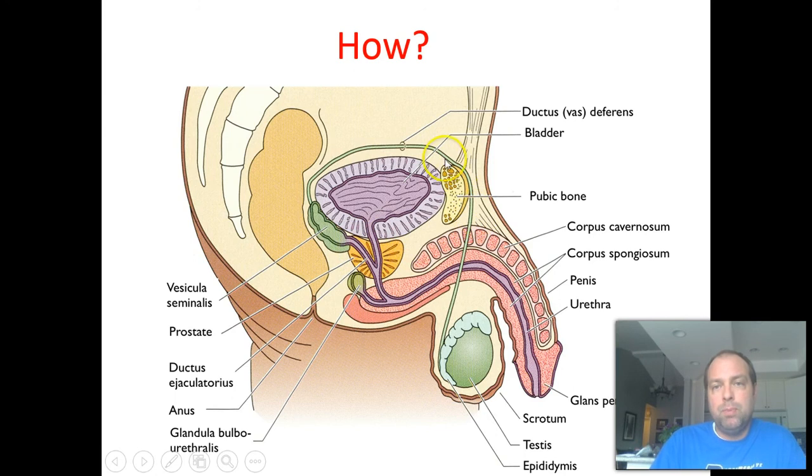So the sperm leave through the vas deferens, mix with these fluids, and then eventually the fluids plus the sperm, fluid and sperm, that is what we call semen. That semen leaves the penis through a process called ejaculation. So, the male reproductive system is there to make sperm, deliver sperm.